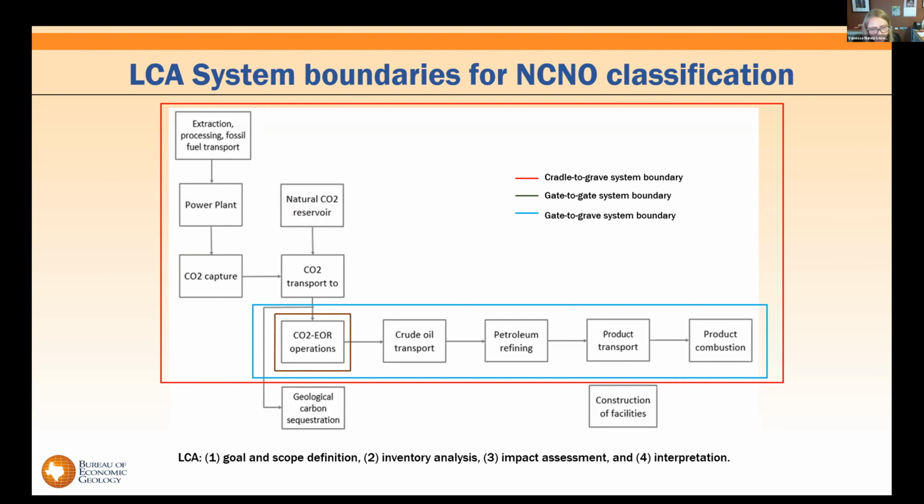Actually, I included it, and I'm going to show you some results of that. And the construction of the facilities. So for the purpose of this LCA, we are going to be assessing the environmental impact during the operational stage of the project.